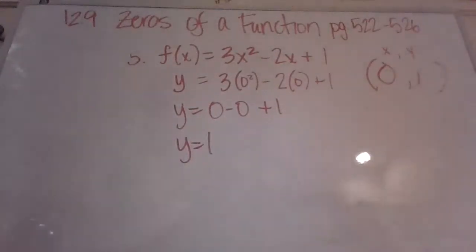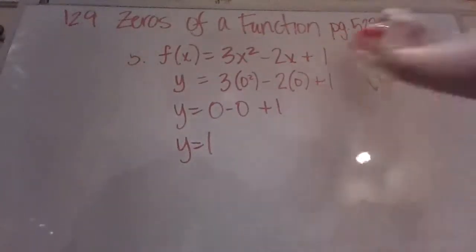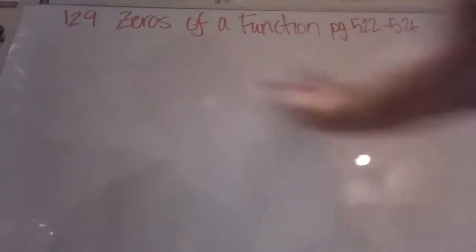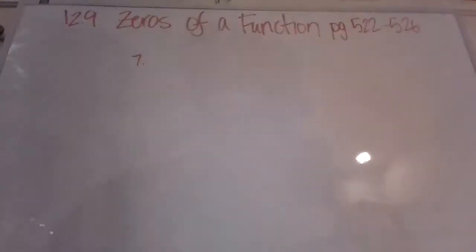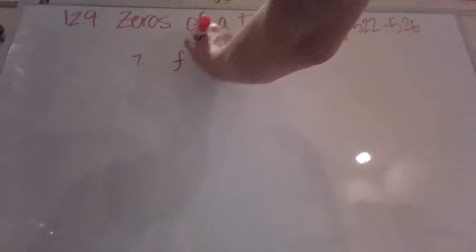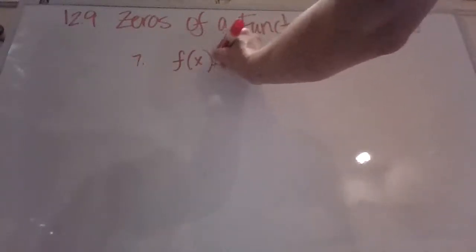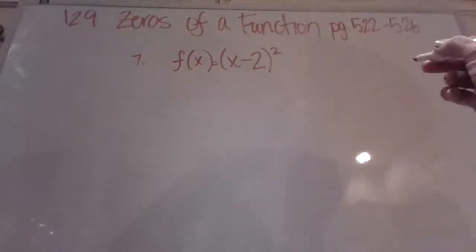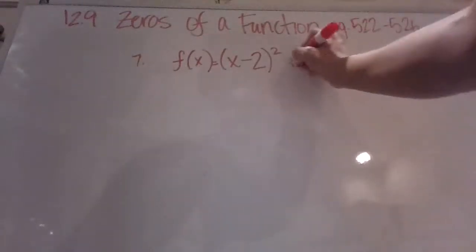Number 7. Hold on just a second. Number 7. F of x is equal to x minus 2 squared plus 4.